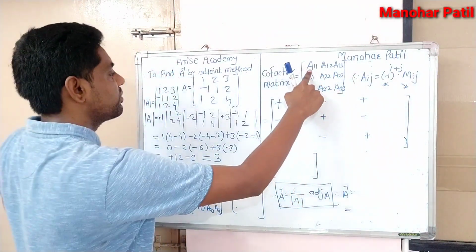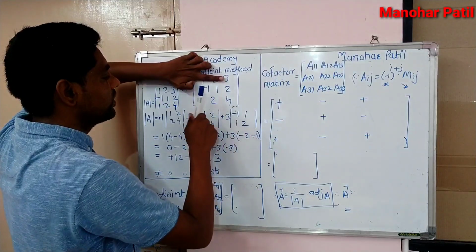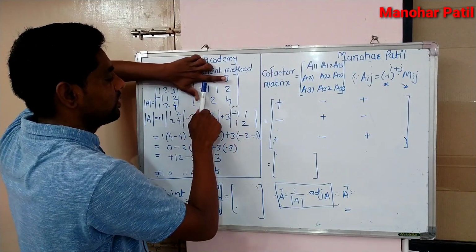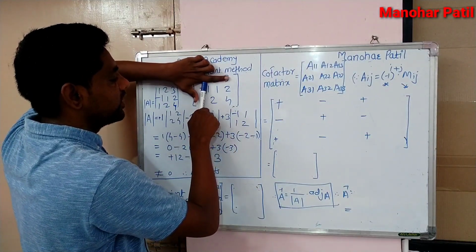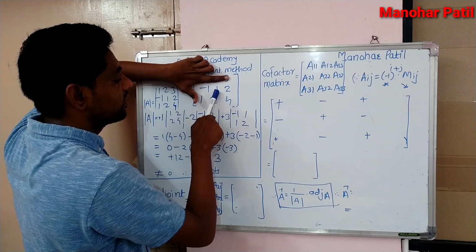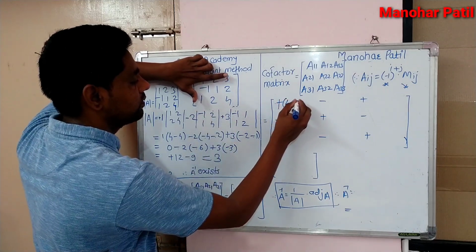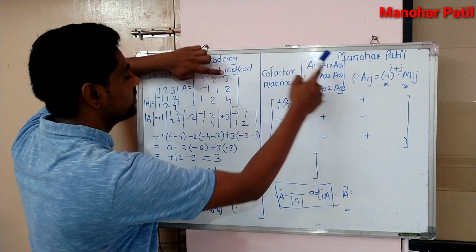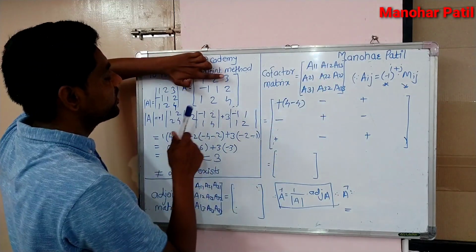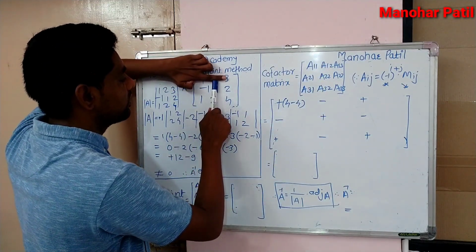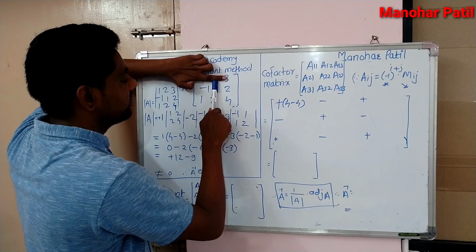So minor of first element A11 present in the first row, first column. So to find the determinant value of remaining 4 elements, so 4 minus 4. Next for A12 present in the first row, second column. So find out the value of determinant.